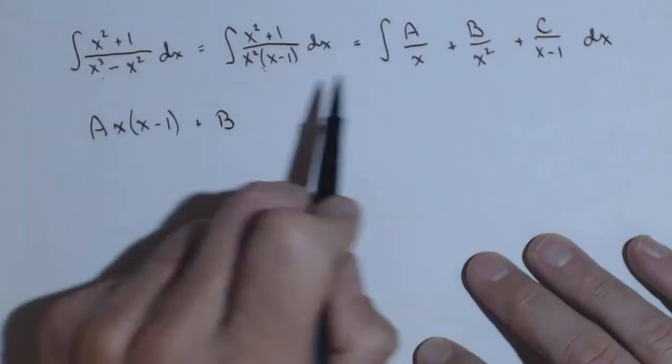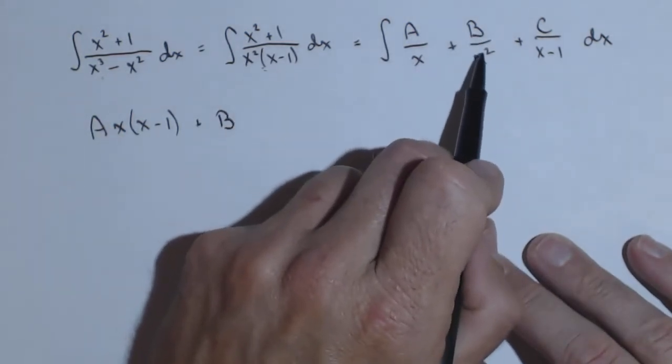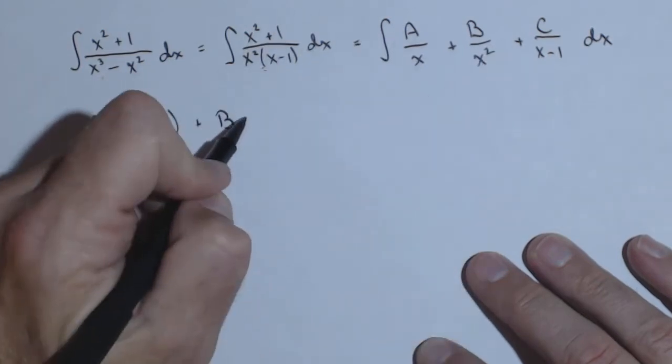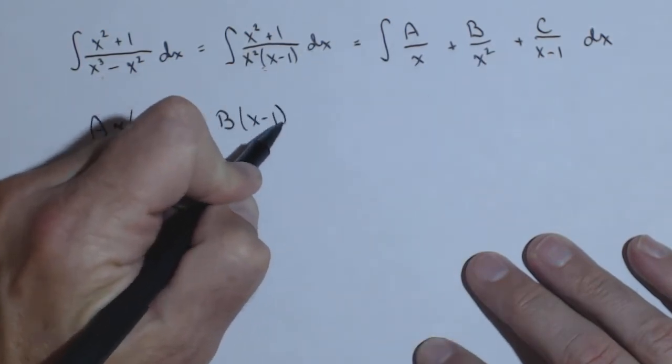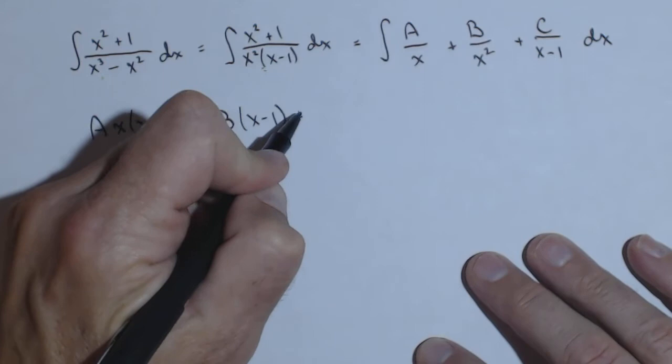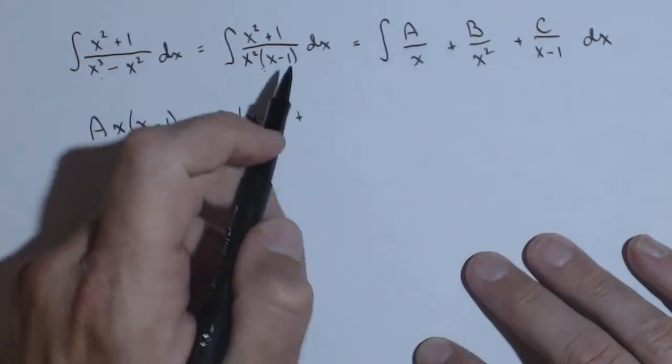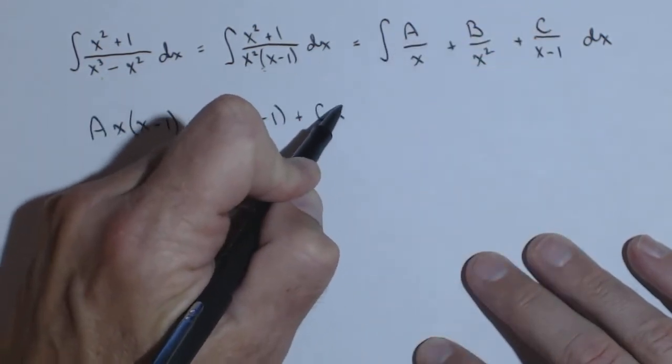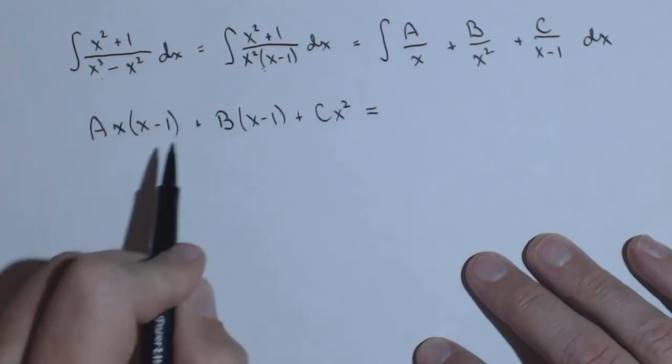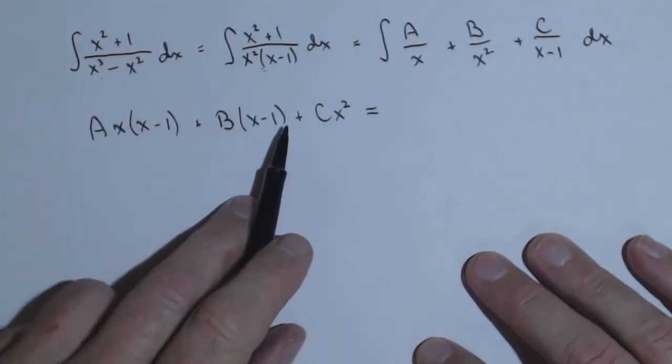B already has x squared, so this term only needs to get multiplied by x minus 1. And C has the x minus 1 but not the x squared, so that term would need to get multiplied by x squared in order to ensure a common denominator.